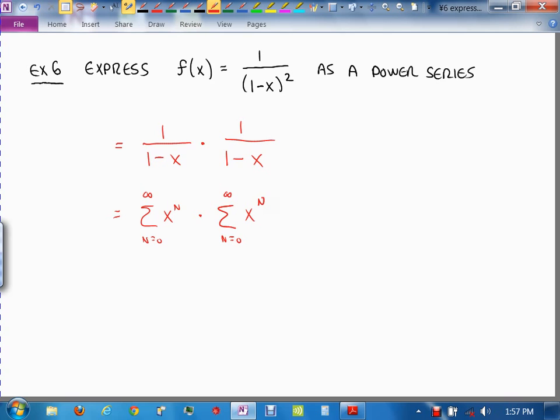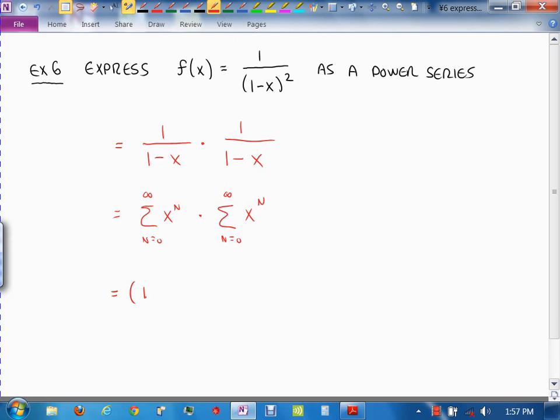That's actually correct. But the problem becomes, how do you actually turn that into a final answer? What we're looking for is a final answer that just has a single sum so that we can look at it as a power series. This is not a power series. This is the product of two power series. We want our function to be just a power series by itself. Do you understand the difference of what we have and what we're looking to get? Not only that, how in the world would you actually multiply that?